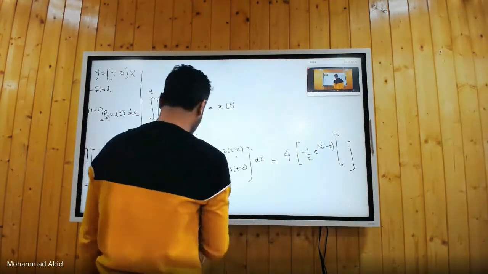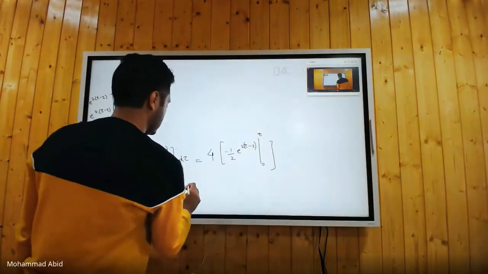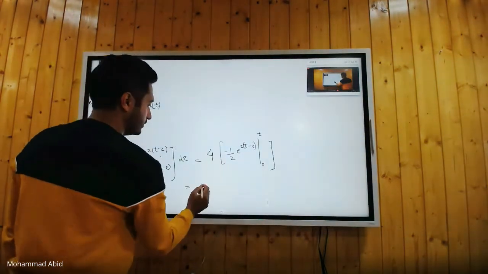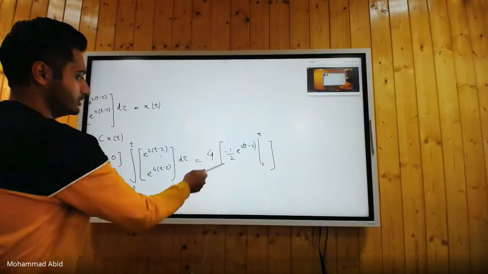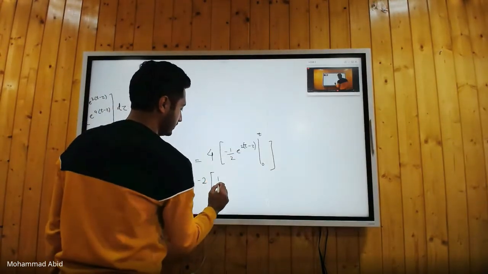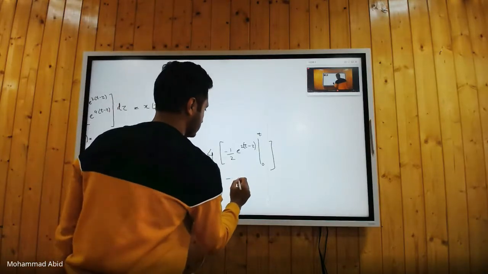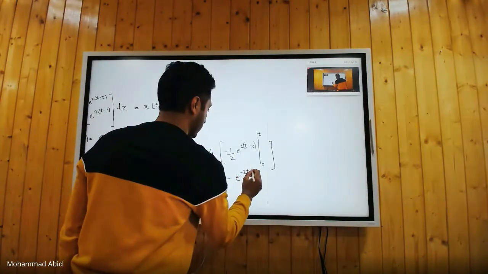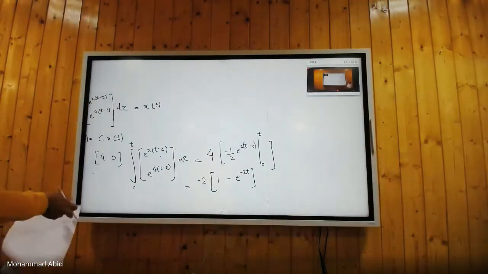Now we'll substitute the limits. This will be minus 2. Substitute first tau equal to t. This becomes 0, so this comes to be 1, minus substituting 0, which becomes e to the power 2t.